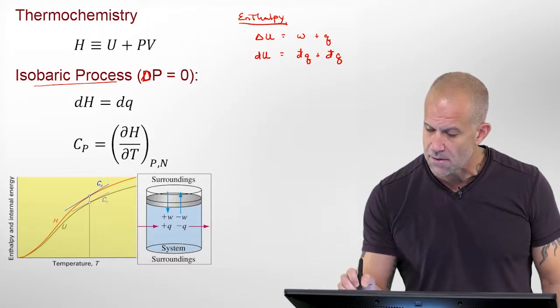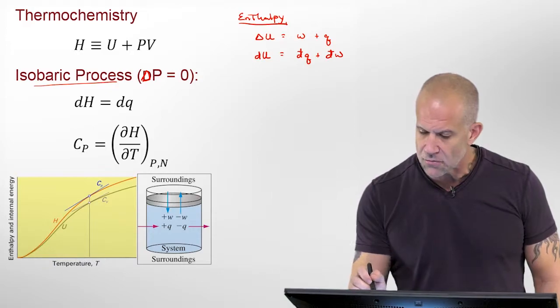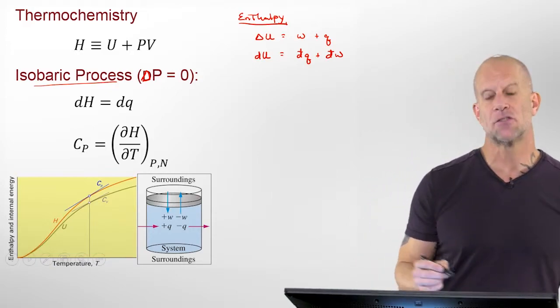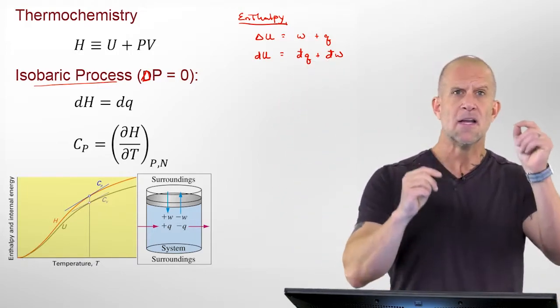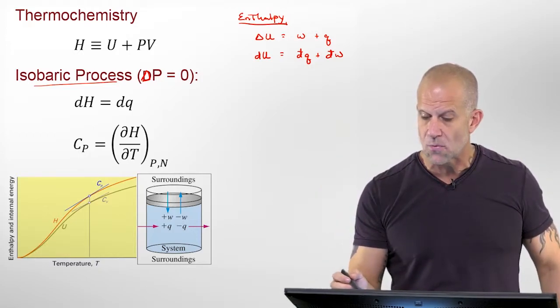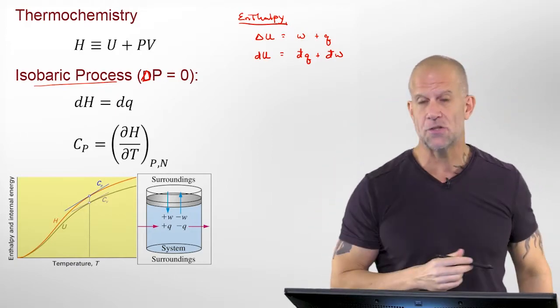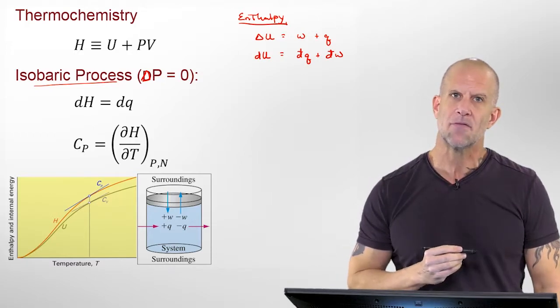The reason I've put these lines through the d for work and heat is to represent that these are path dependent, and dU is an exact differential that is path independent. It's a state variable that only depends on the initial and final states, while the change in the work and the heat can be path dependent. They're dependent on the path in which you take them. And this is a general statement of the first law.